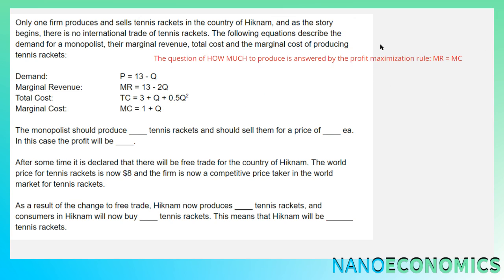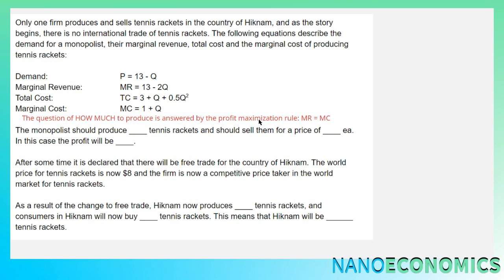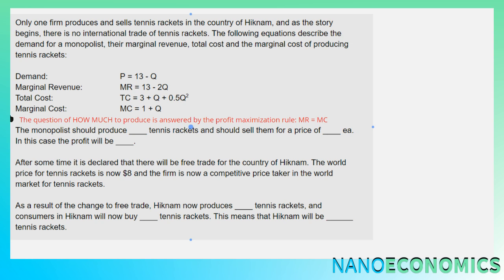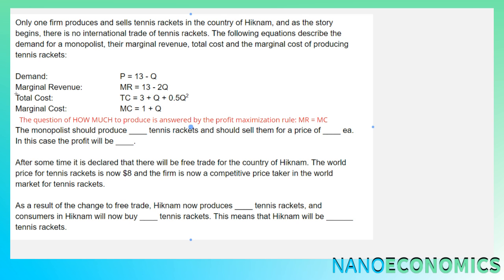And let's make that real bright and memorable. So we want to know where marginal revenue is equal to marginal cost. Well, we're given marginal revenue and we're given marginal cost here.